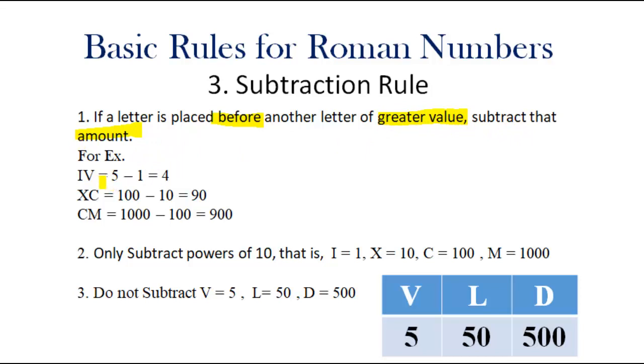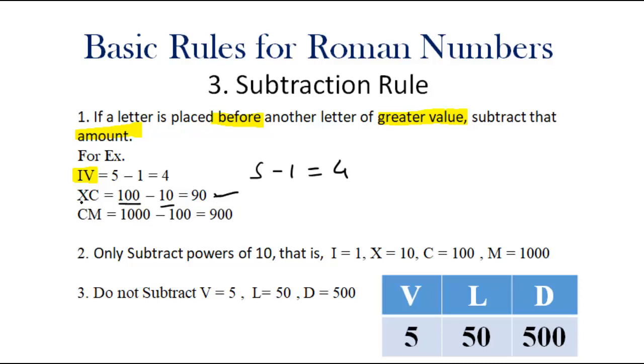For example, I is placed before V. I represents 1, V represents 5. So the answer will be 4. So IV represents 4. XC: X represents 10, C represents 100. So it is 100 minus 10, that is equal to 90.